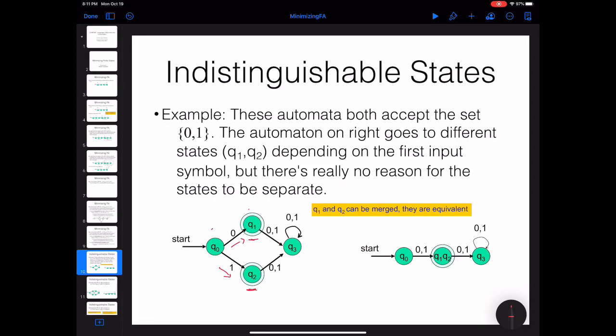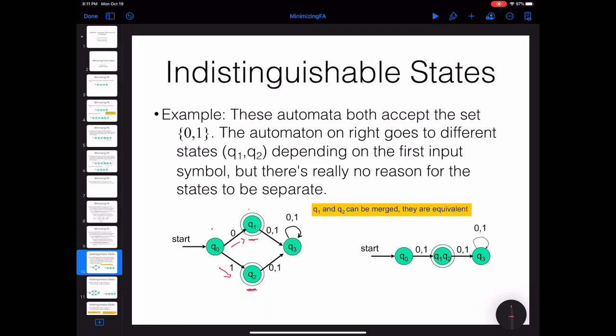So Q1 and Q2, the first thing is checked, both of them are accepting, good. The second thing is how they are going to behave if I am at Q1 and I see 0, and if I am at Q2 and I see 0. I should consider this for all possible input tokens that I have.